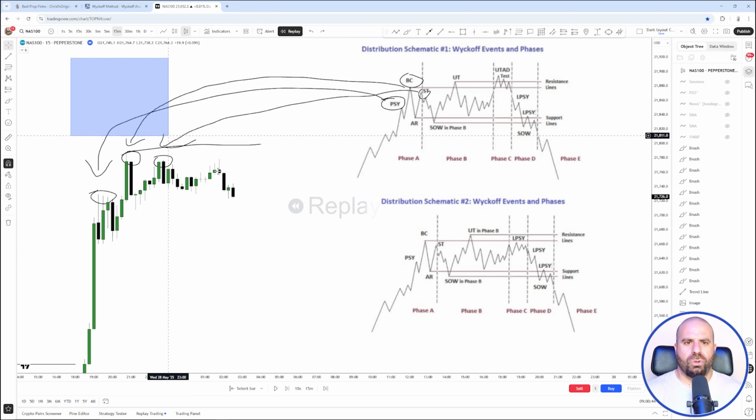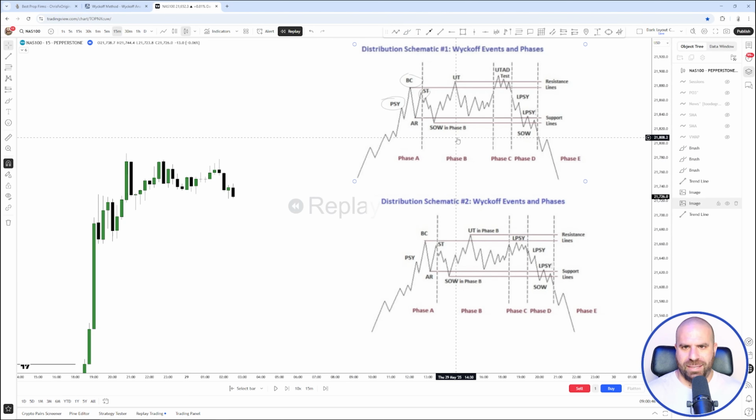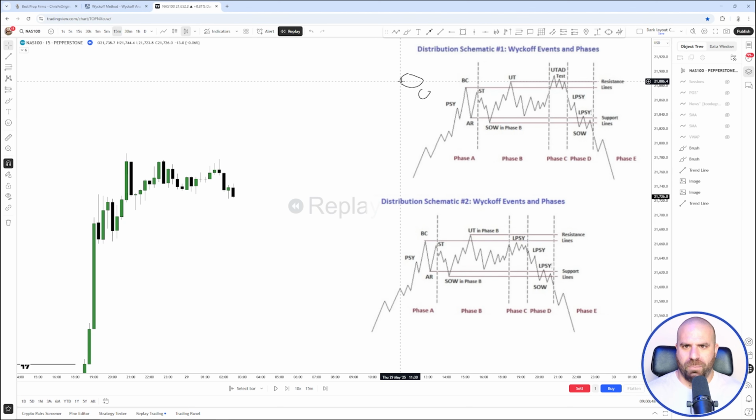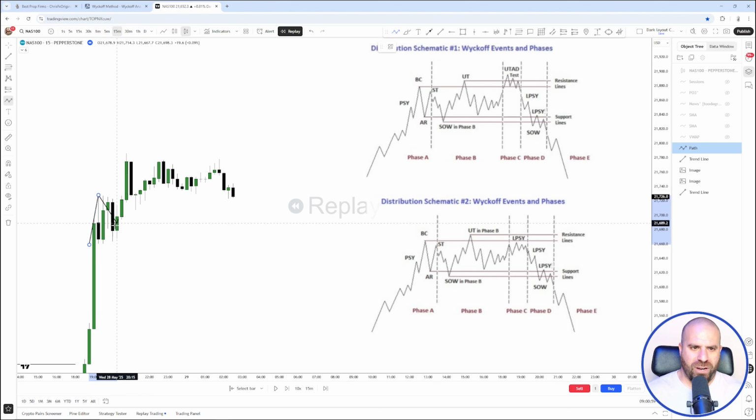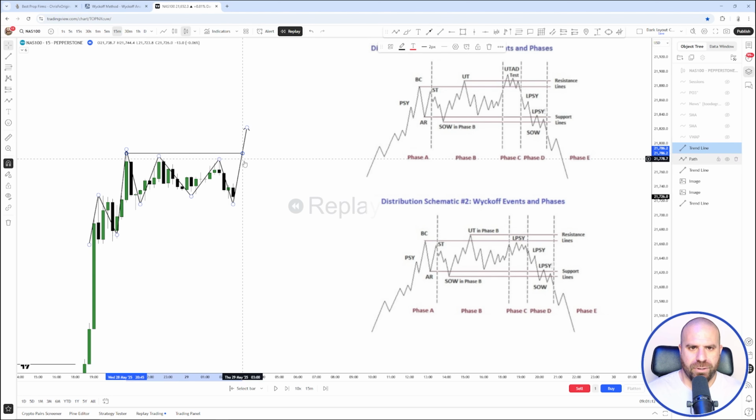In order for you to be able to recognize this, I want you to remember the following. I'm going to simplify it for you. What do I want you to remember? After you see this schematic on the 5 or the 15-minute time frames, okay, you see this schematic developing, all I want you to see now is an impulsive move up, which will grab this liquidity right here, and then an impulse down.